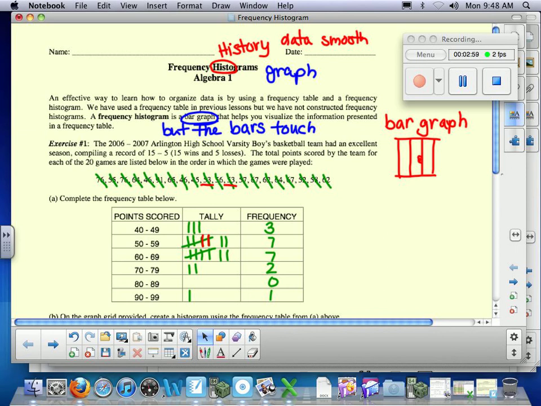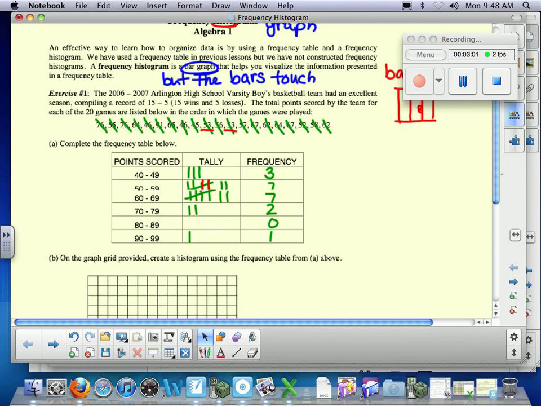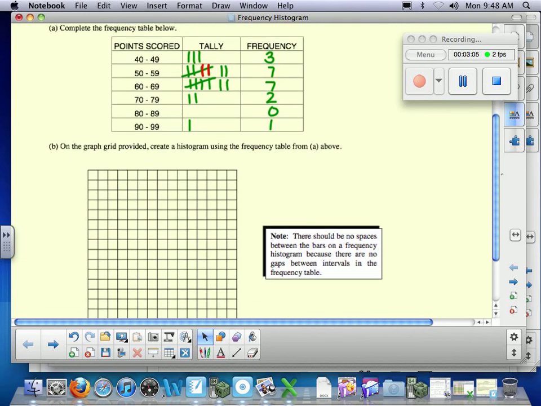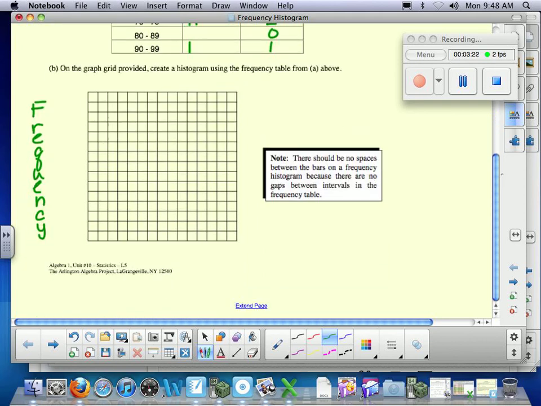You might just do the frequency, but in algebra we require both. So now, when we're going to make our histogram, we use the frequency, and that goes up the side here. And then the intervals go across the bottom.